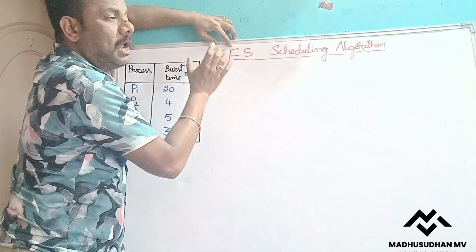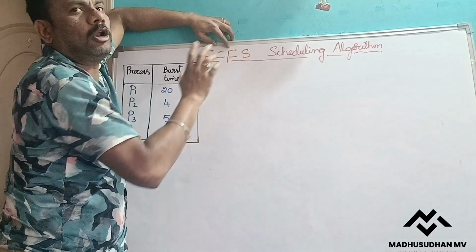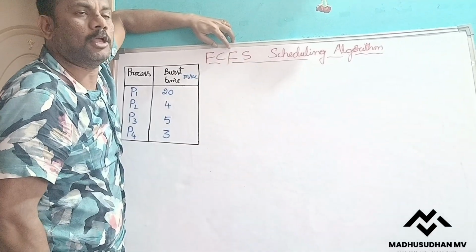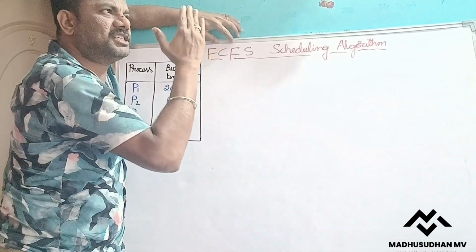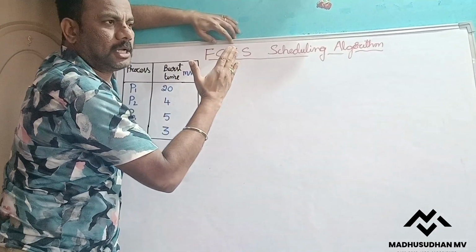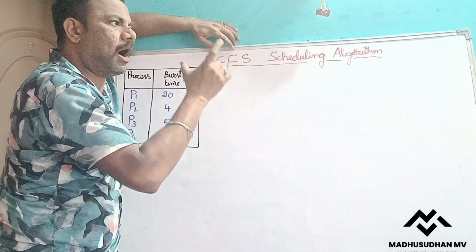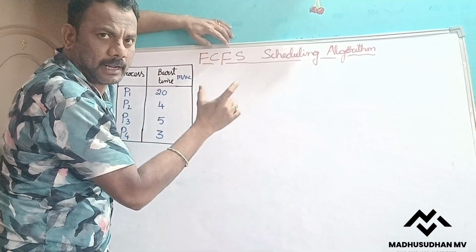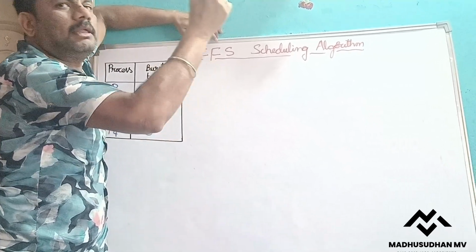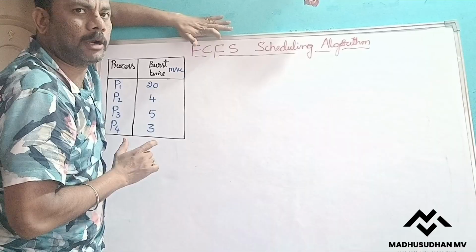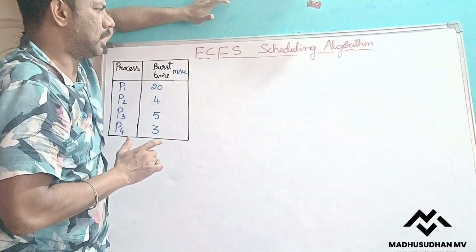Hence first come first serve. And this is a non-preemptive scheduling algorithm. Non-preemptive means once we start, we do not stop till its completion. After completing one process, only then do we take the next process.